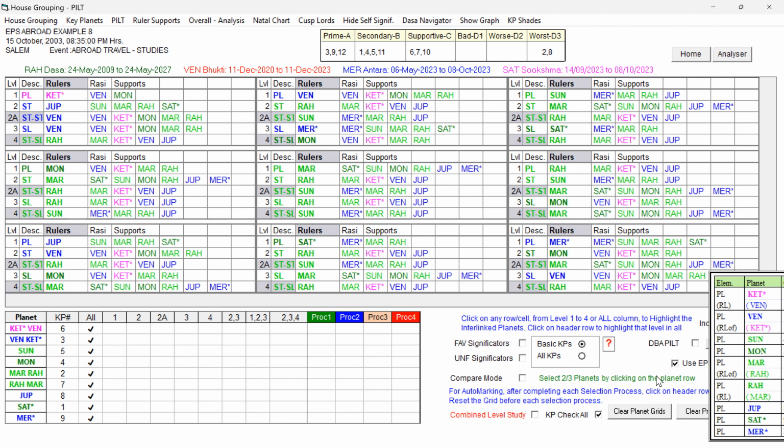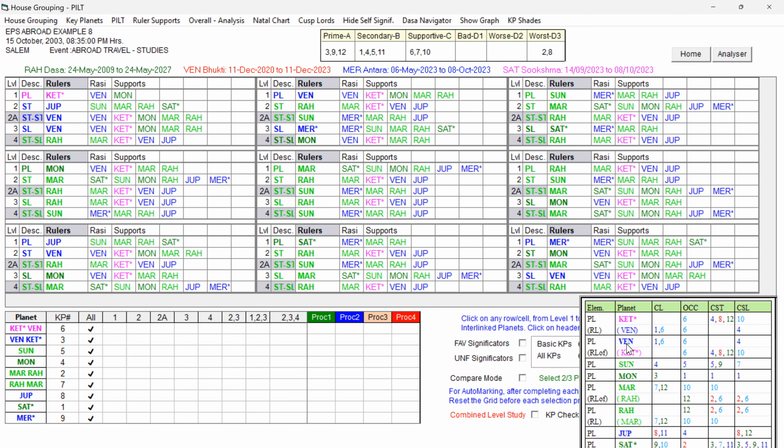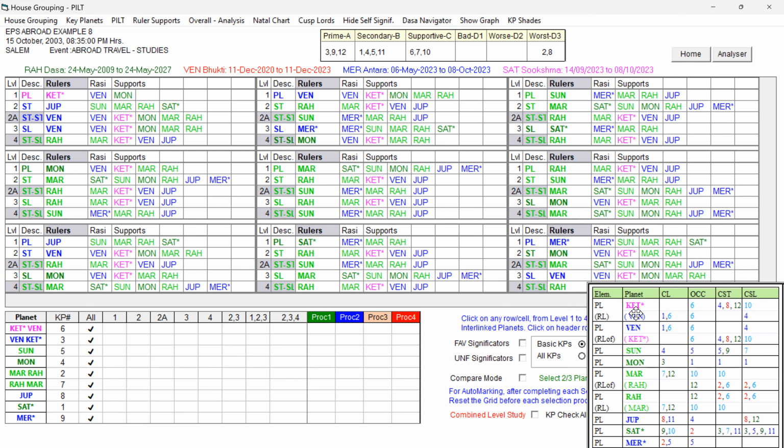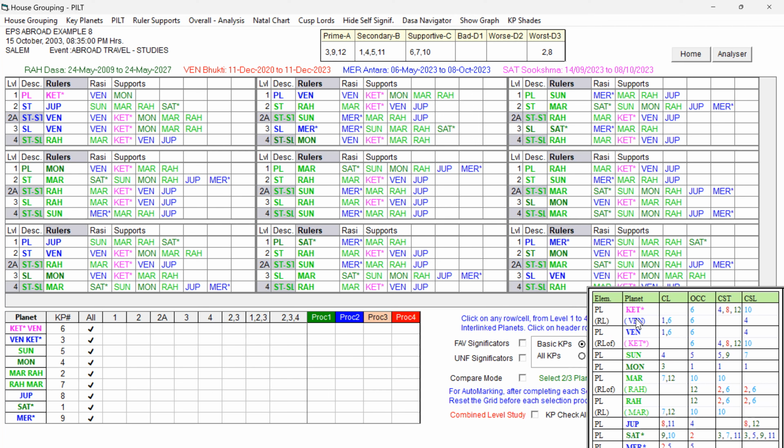You can see all the planets, their rulers and supports, all the key planets get the color of the EPS colors that we have given. Let me move a little so that we can see. Now all the colors of these key planets have been given to the complete planet grids.